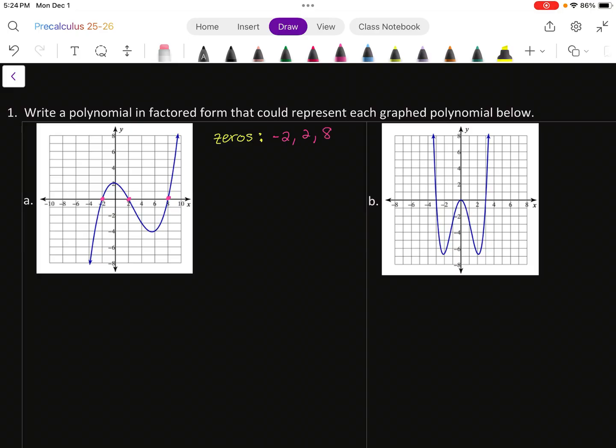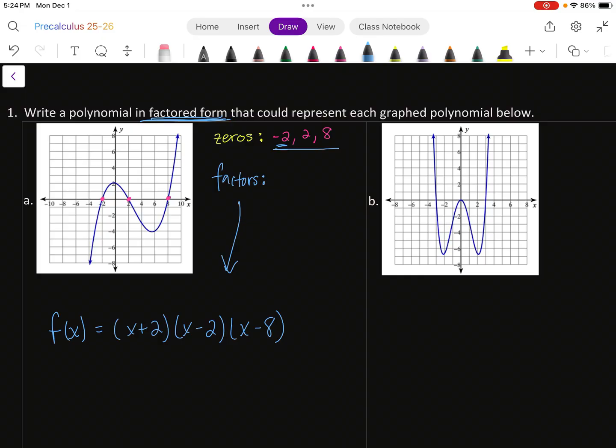But if I need factored form, I need these zeros to be factors. So the factors, I'm just going to go down here and write my f of x. That's x plus 2, for the negative 2, x minus 2, and x minus 8. And that is factored form.